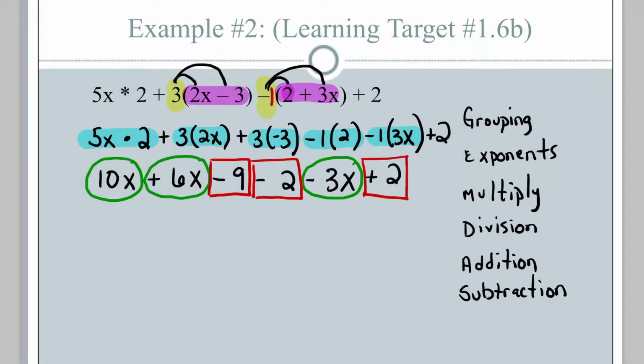Now we need to combine them. And so combining the terms with the variable x, we have addition or adding the negative in the case of subtraction, which means that we're just going to take our coefficients and combine them. The variable remains the same. So 10 plus 6 is 16. 16 minus 3, or added to negative 3, is 13, and our variable remains the same.